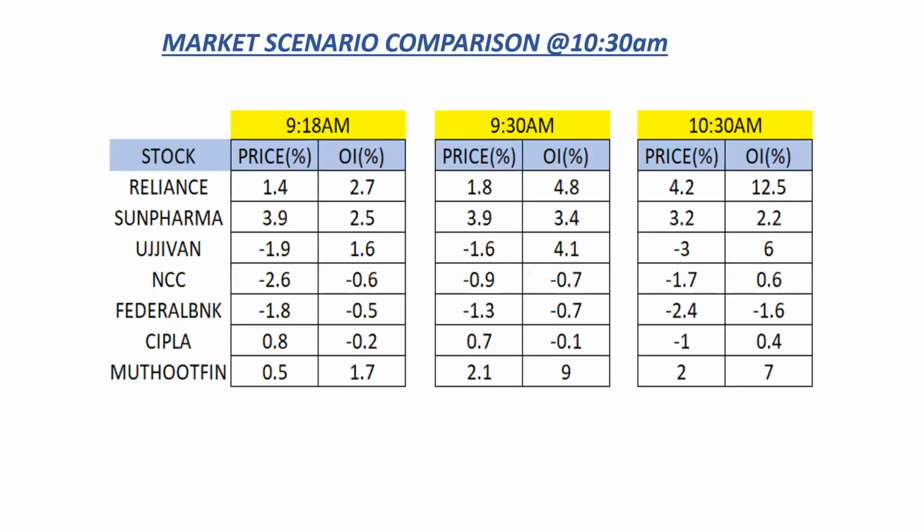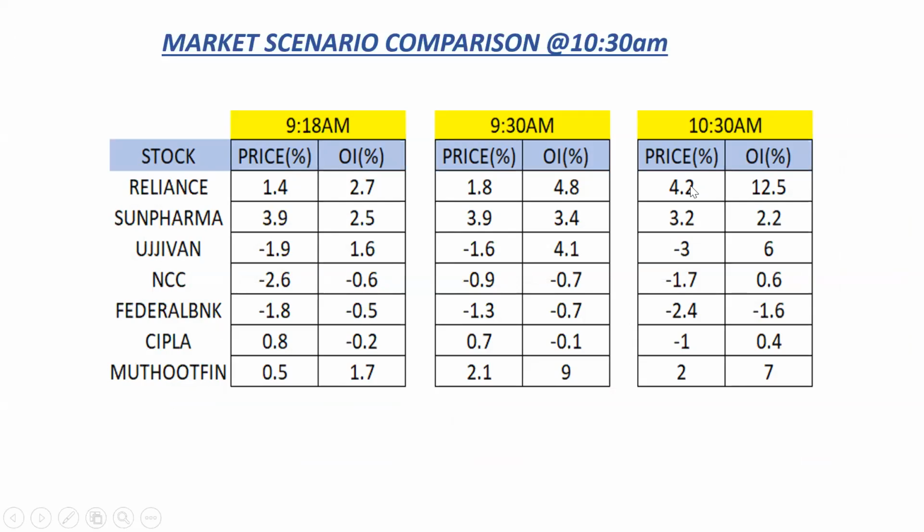So this is the scenario at 10:30. Let's say you had chosen your stock picks, and like I said, if I had been in the market yesterday, I would have completely gone for Reliance as a buy and Ujjivan as a sell, and monitored the other stocks between 9:30 and 10:30 a.m. For Reliance at 9:18 a.m., the price was up 1.4% and OI was up 2.7%. At 9:30, price increased, OI increased.